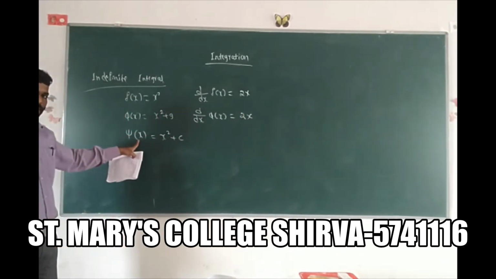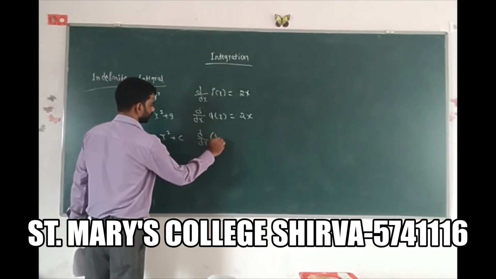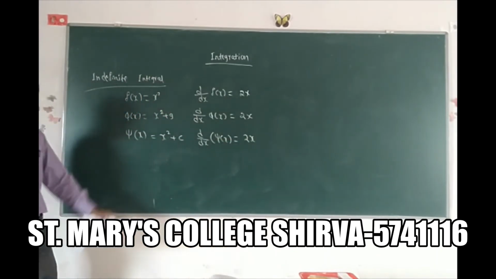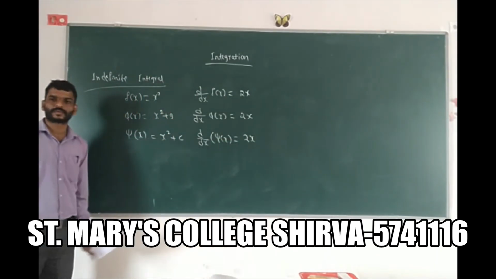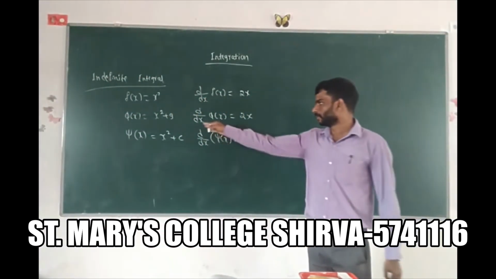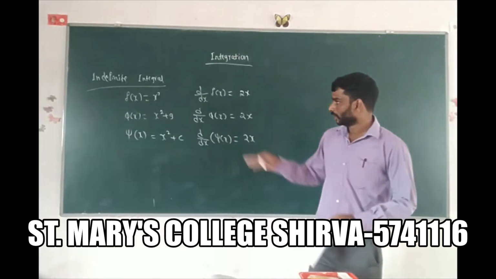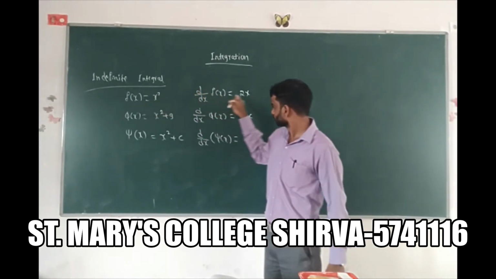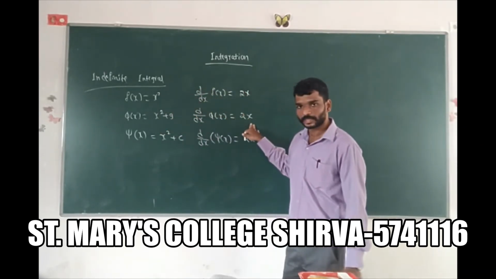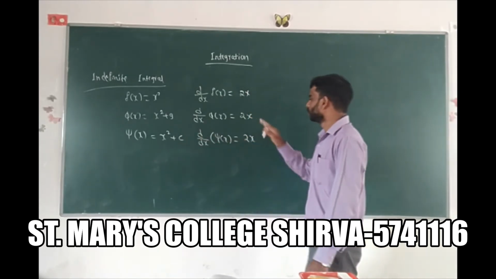Similarly, the differentiation of psi of x is also 2x, because the differentiation of a constant is 0. We differentiate only the variable. The differentiation of x square is 2x, of x square plus 9 is also 2x, and of x square plus c is also 2x.